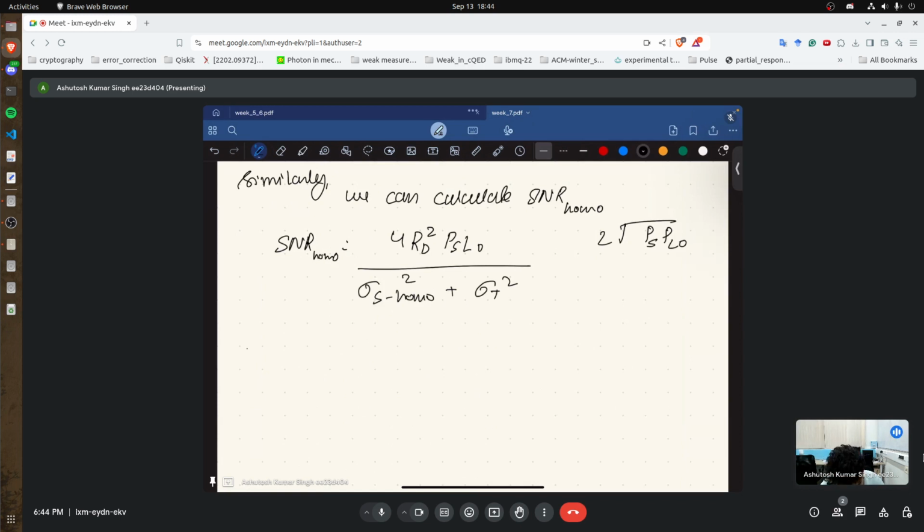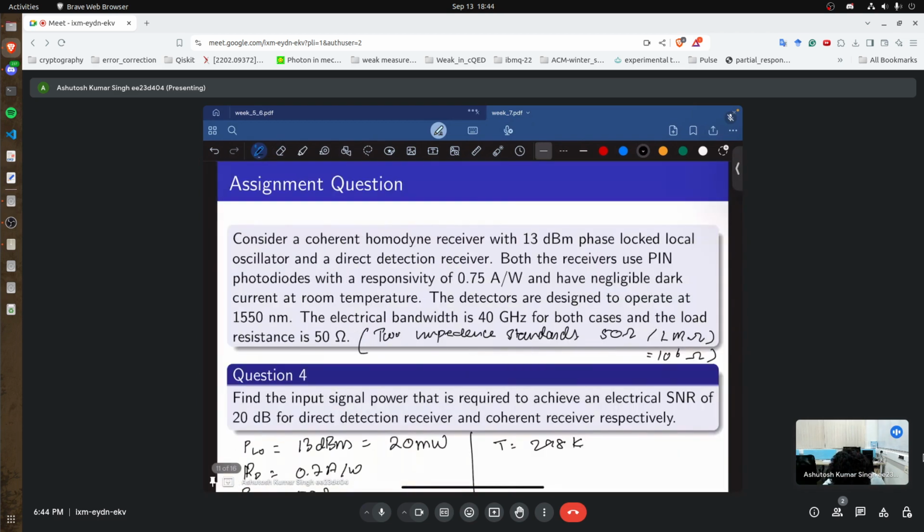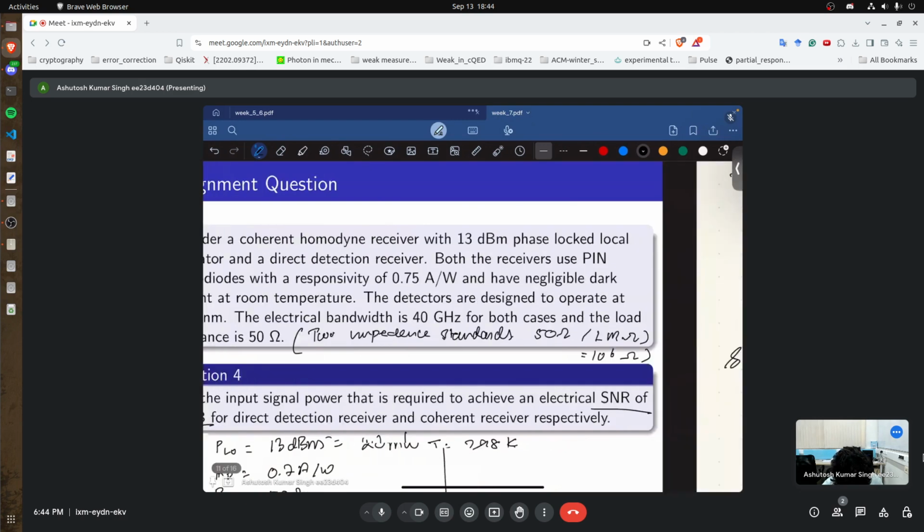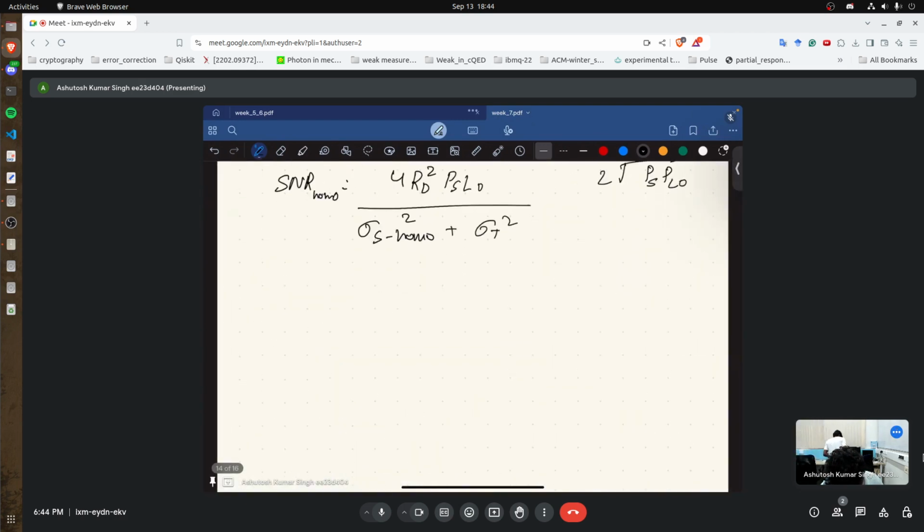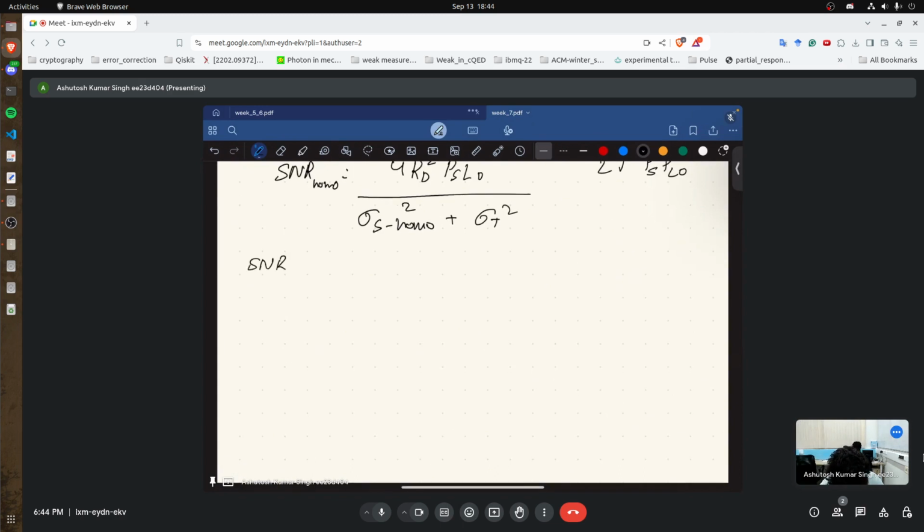Now we want an SNR of 20 dB, and if you revisit the question, it is given as an SNR of 20 dB. This is electrical SNR of 20 dB. SNR of 20 dB means a factor of 100, because from the dB scale we go to 10 log of P by P ref.